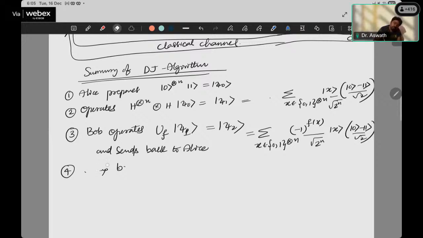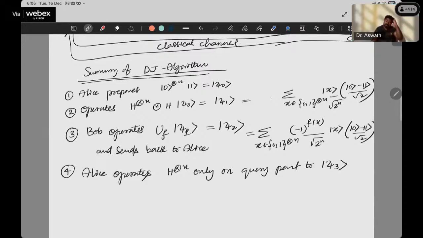Now Alice operates n Hadamards only on the query part, to get psi 3. So what would psi 3 look like?